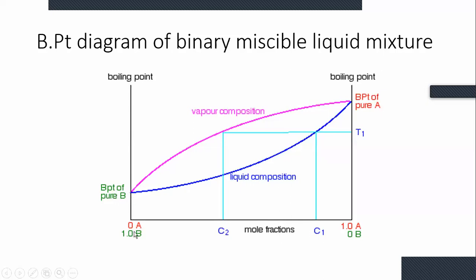You know that the addition of mole fractions will give you 1. So if you start this one with 1, here it is 0. So A is 1 here, and here it is 0. When you have a pure liquid with a high vapor pressure, the boiling point will be low. And that is why the boiling point of B is here and the boiling point of A is here.